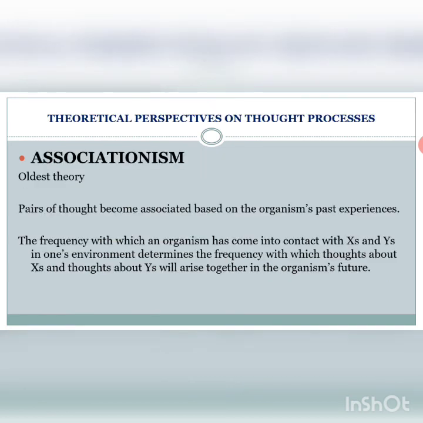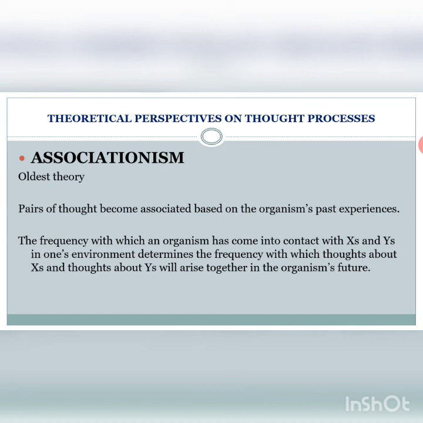Then we have the subtopic of the theoretical perspectives on thought processes. Associationism is the oldest theory, and according to associationism, pairs of thought become associated based on the organism's past experiences.